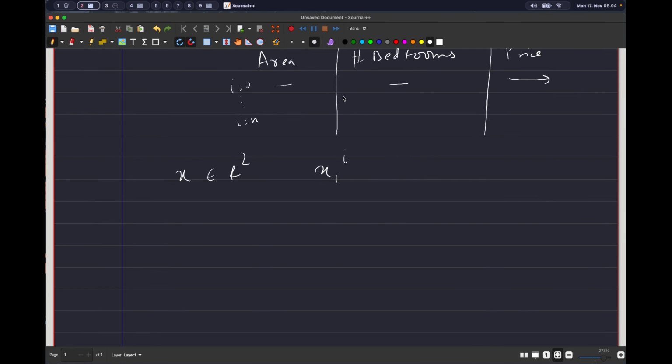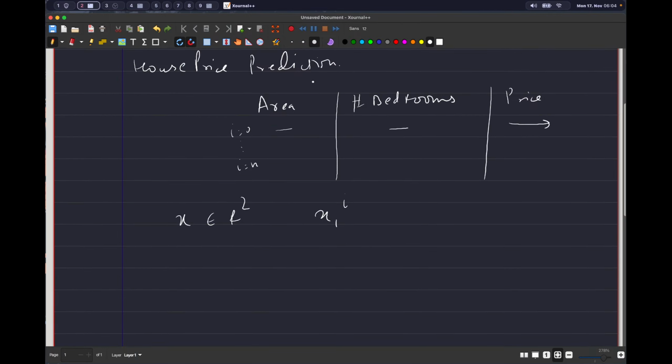And the number of features, so features are area and bedroom, so it can be d1, d2, and something like this, right? So your data set can go from, let's say it has n rows. So it starts from i equals 1 to i equals n. And you have features which are going from d1, d2, and up to some d dimension, right?